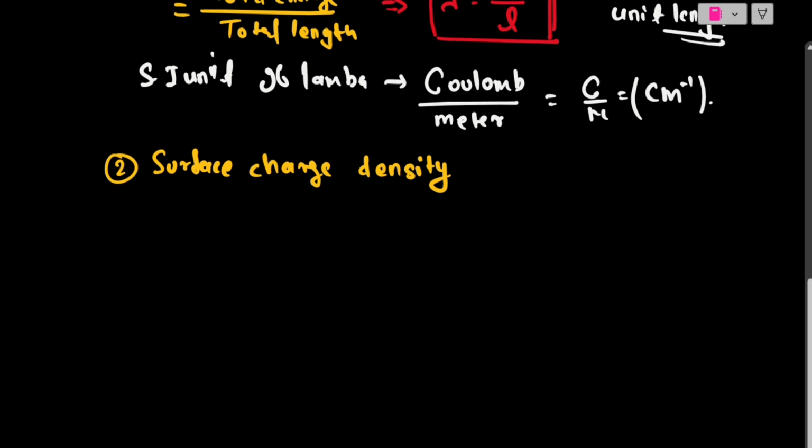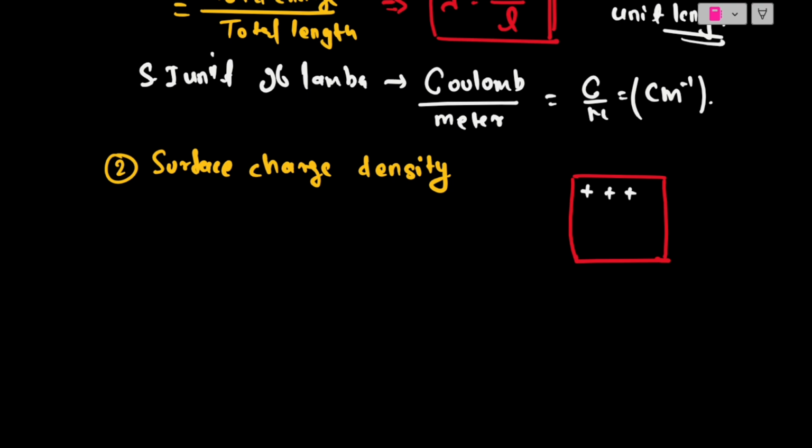Here we have a surface area, which we can draw like this, and in that surface area we have positive charges uniformly distributed. The total surface area is A, and the total charge in that surface area is Q. So surface charge density represents how much charge is distributed in a particular area A.